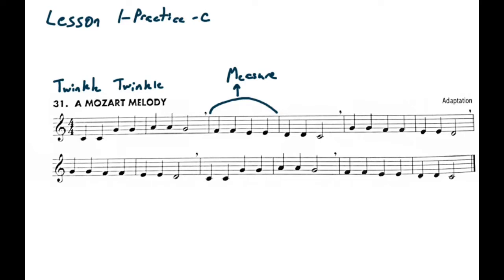So, just to make things simple, let's number the measures. So, 1, 2, 3, 4, 5, 6, 7, 8, 9, 10, 11, 12. Okay, so that covers all of that, just to start off right there.